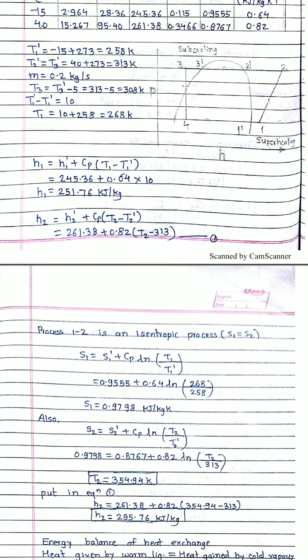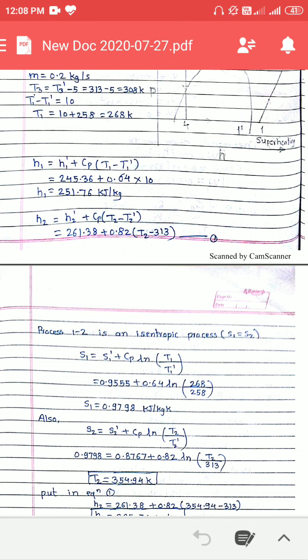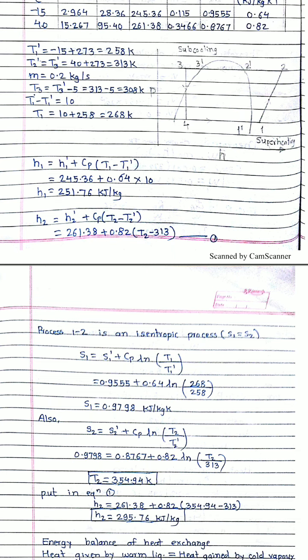T2 dash is 313 Kelvin. After simplification we get the value of T2 as 354.94 Kelvin, or approximately 355 Kelvin.